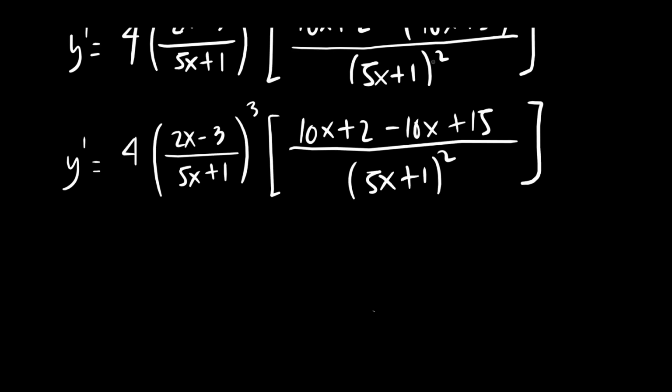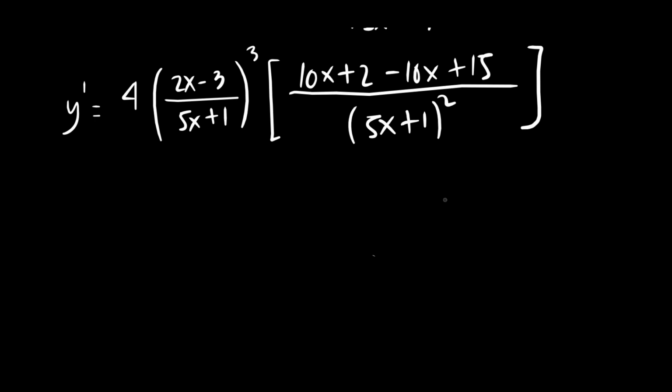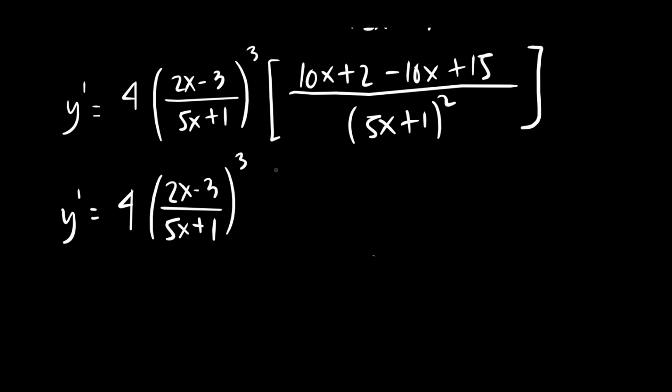After this, we will combine similar terms. So we have y prime equal to 4 multiplied by 2x minus 3 all over 5x plus 1 raised to the power of 3. So combining similar terms, we'll cancel 10x. 10x minus 10x is just equal to 0.